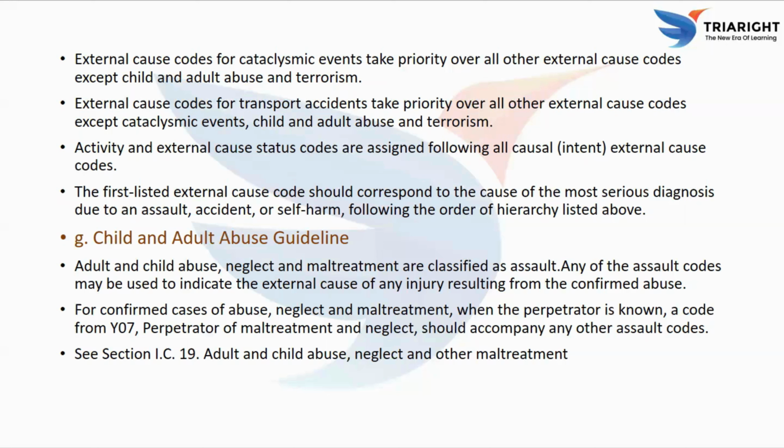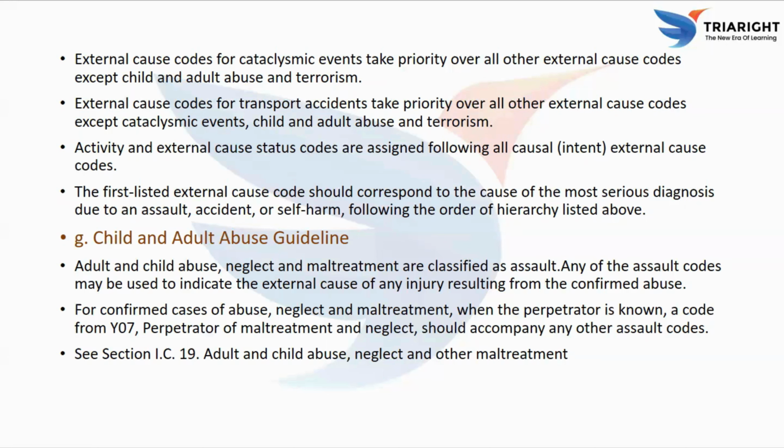The third one is activity and external cause status. These are always coded after all cause or intent external cause codes, so they never take priority. Activity and external cause status always provide additional context but not the causation.